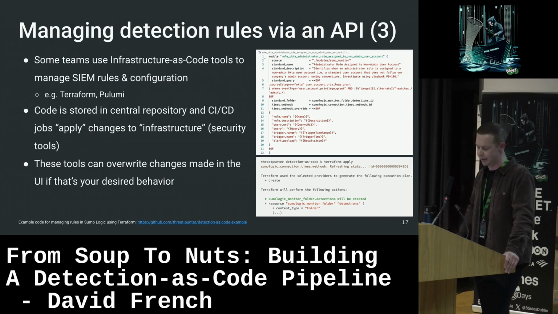I'm pointing this out as a popular method you might see, as mature security operations teams want to manage everything as code, right? No matter what it is, whether it's rules or documentation or whatever. I've got a link here to a blog if you're interested. This example uses Terraform to apply those changes to Sumo Logic.